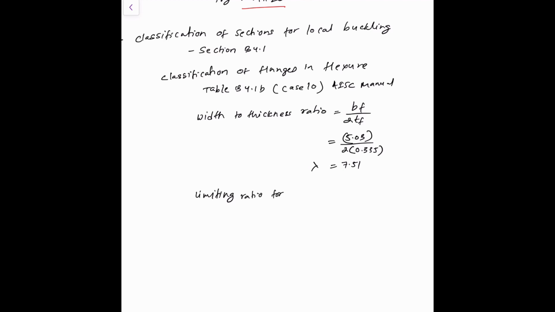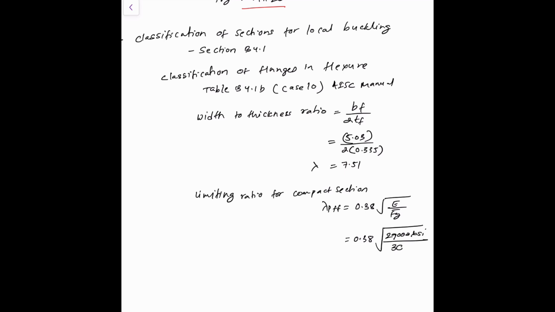We can also call this lambda. The limiting ratio for compact section, which is lambda p for flange in flexure, is 0.38 under root E over Fy.